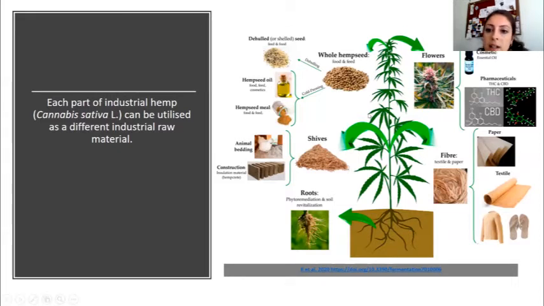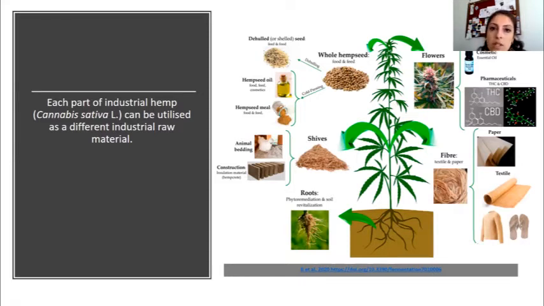You can see here the parts of hemp. If you start with hemp seeds, they are used for seed, oil, and hemp seed meal. Flowers are used in the pharmaceutical and cosmetic industries. Fibers are very important for the textile and paper industries. Roots are used for phytoremediation and soil revitalization.